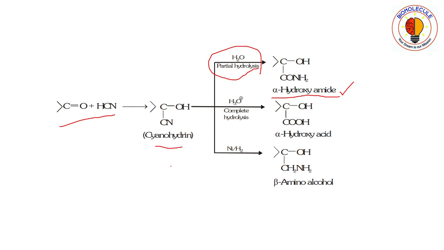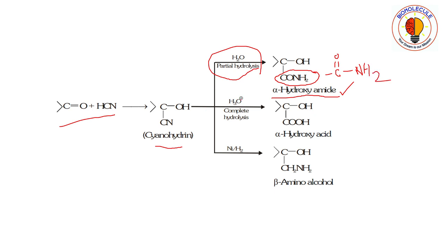If we maintain that, we'll achieve partial hydrolysis, and that will lead to alpha hydroxyamide, in which the cyanide group is converted to a CONH2 group. Okay, CONH2, not to carboxylic acid.